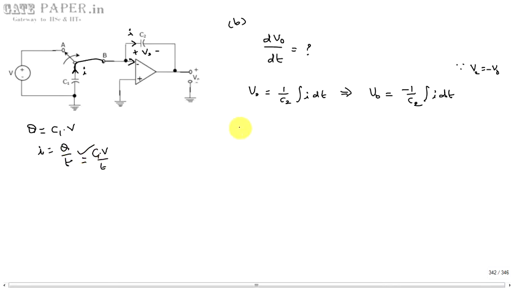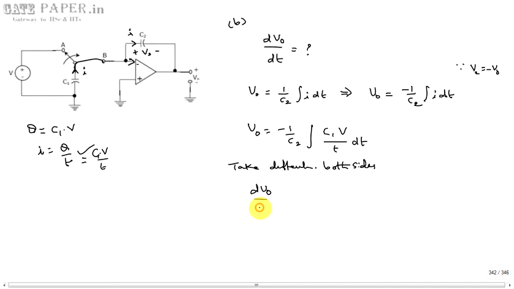So V0 can be written as minus 1 by C2 integral of I, where I is equal to C1 V divided by T, into dt. Take differentiation on both sides, because we are interested in dV0 by dt.